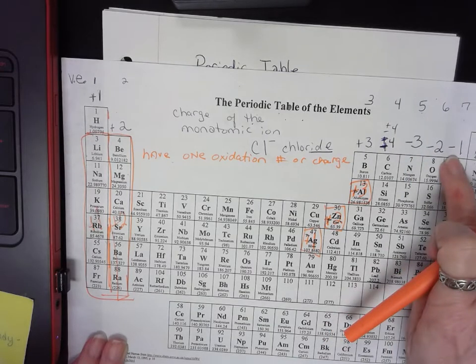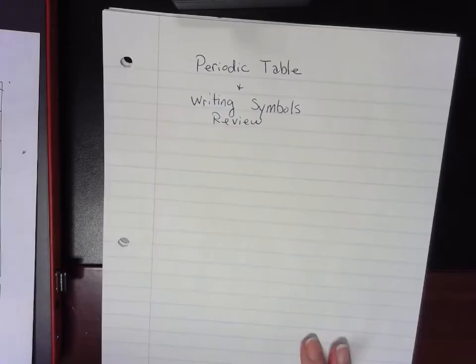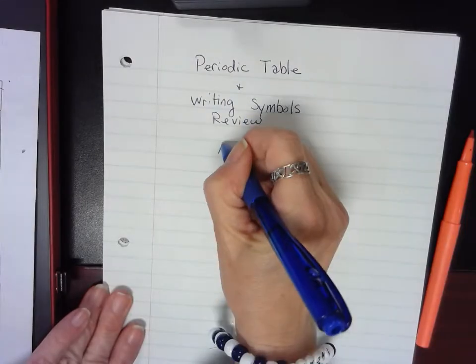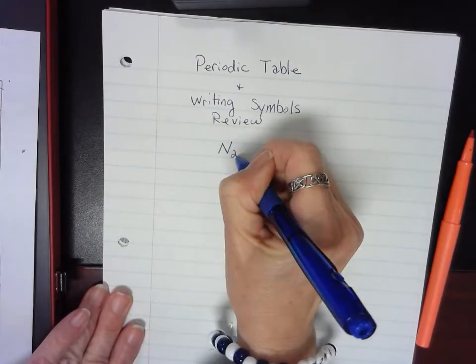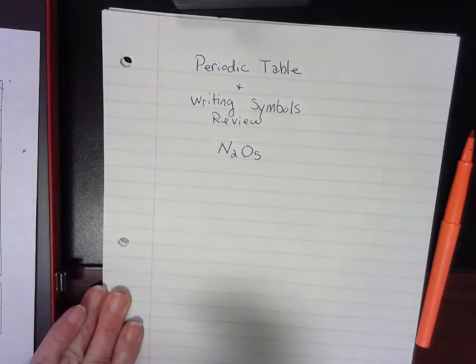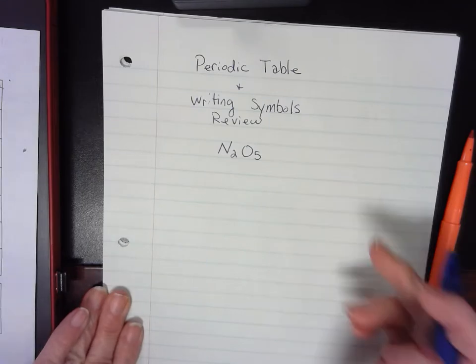Let me give you an example of what I mean. Let's say that you have N2O5.